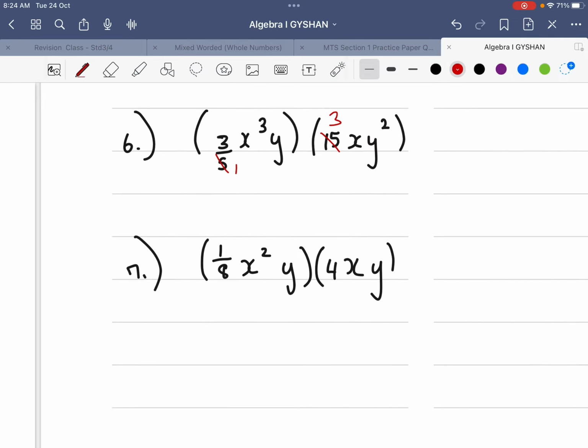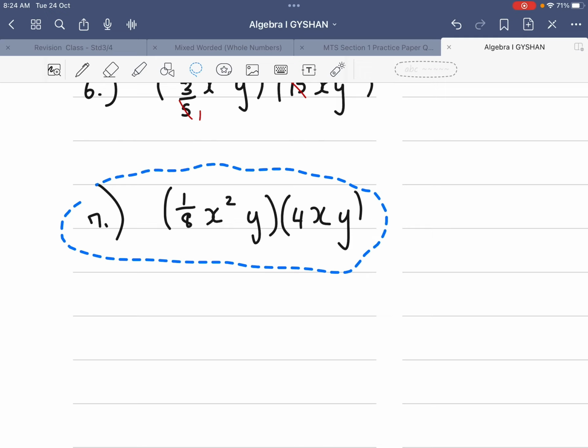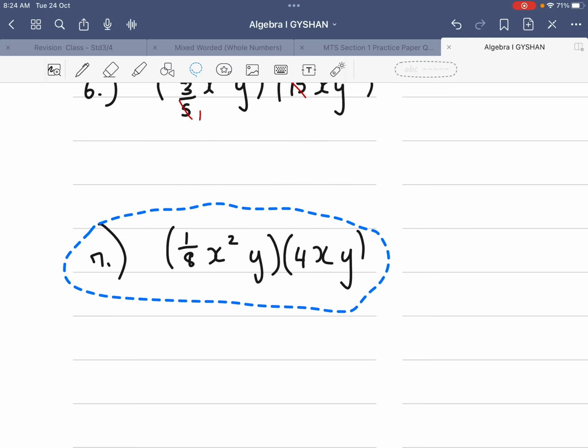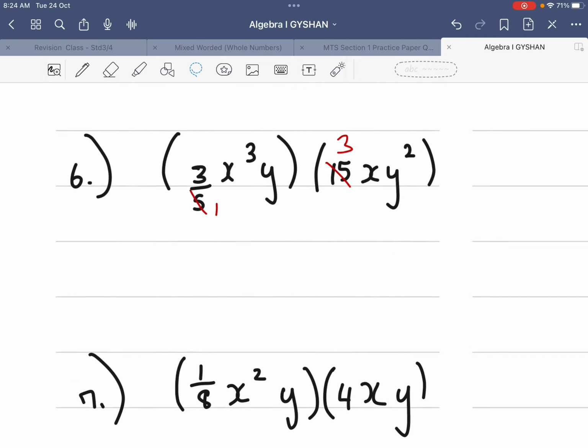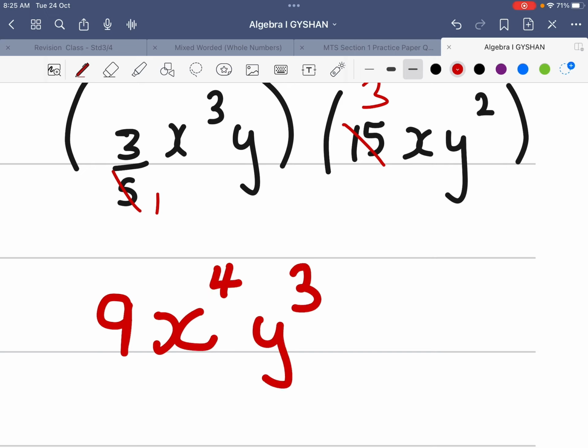Let's make some more space for this question. So 3 times 3 is 9. X cubed by x is x4. And y by y squared is y cubed.